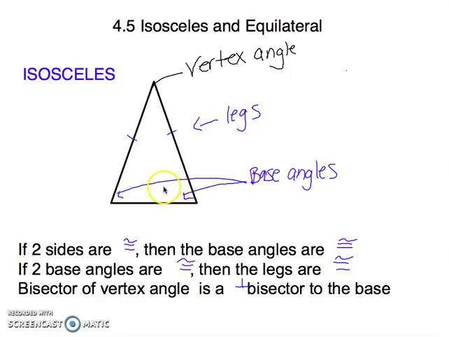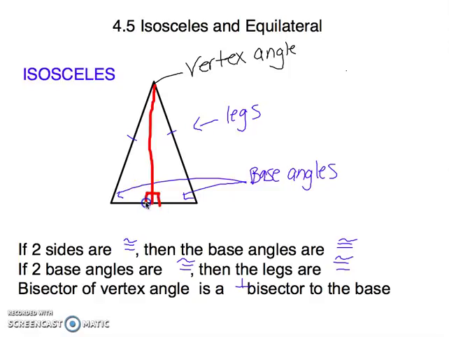Another thing that you know if you have an isosceles triangle is if you have a bisector of the vertex angle, which means if I come up here and I draw a line segment right here, and this is a bisector of the vertex angle, it's also known as a perpendicular bisector.